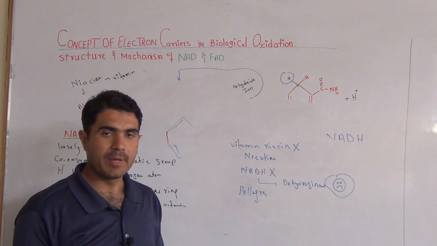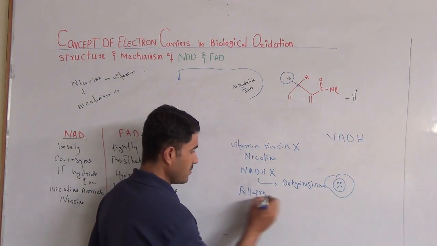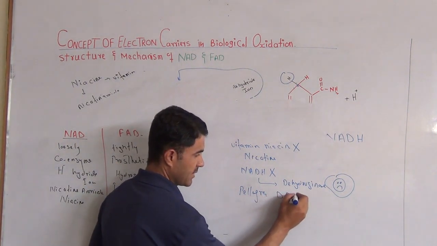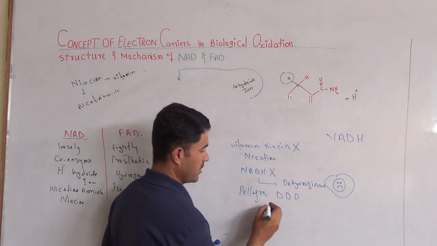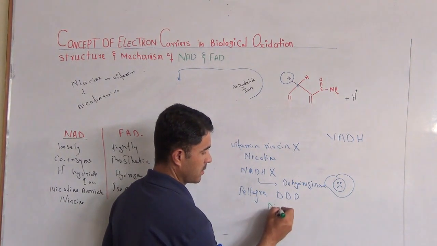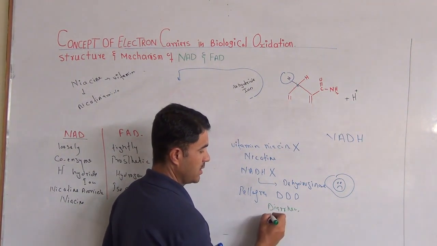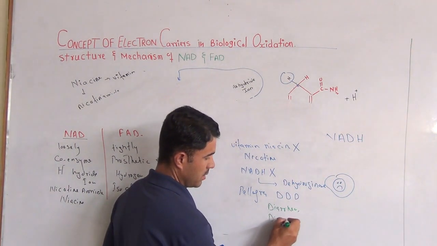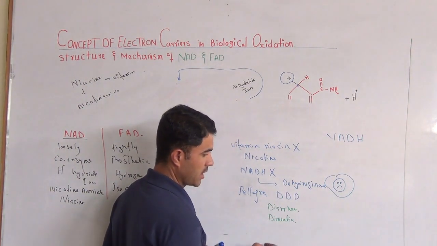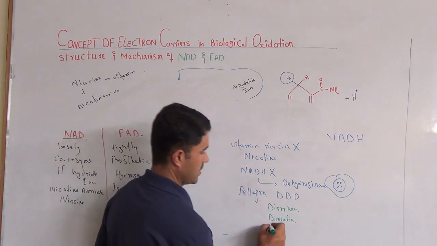And what happens in pellagra? We can memorize it with triple D. One D is for diarrhea, another is for dementia, and the third one is for dermatitis.